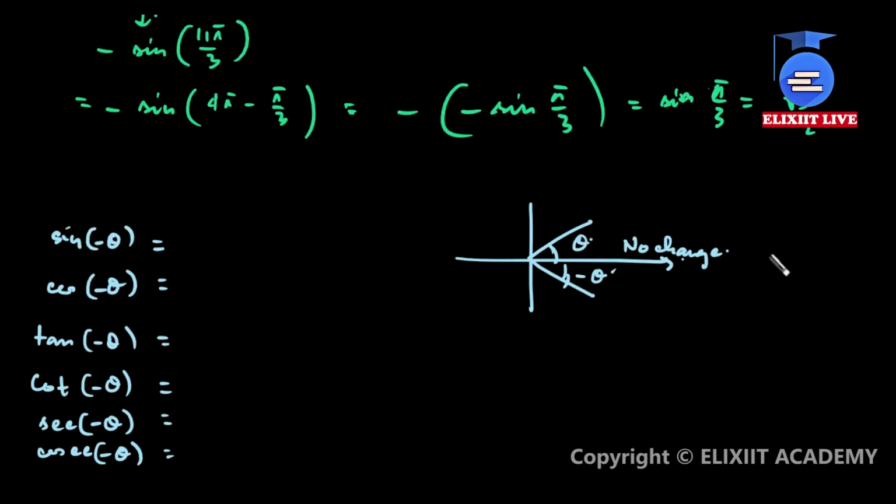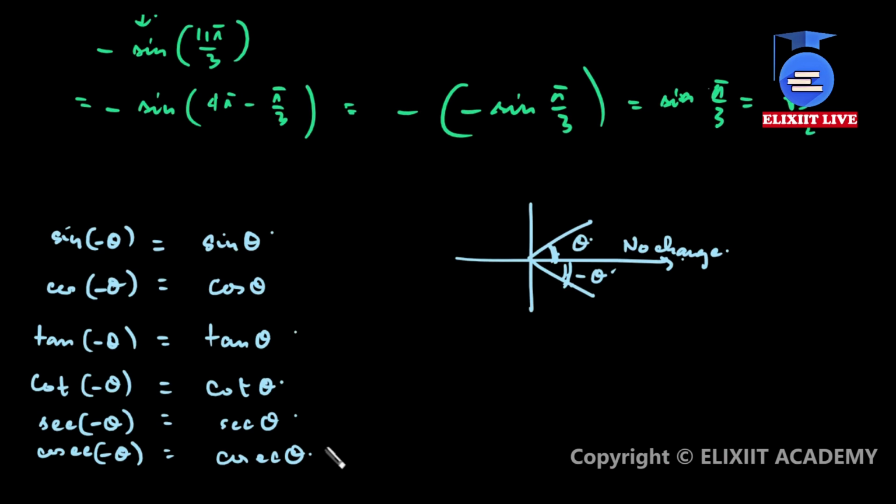First of all, on the no change axis there is no change. Sine theta will be sine theta, cos theta, tan theta, cot theta, sec theta, cosec theta. Now plus or minus, this we need to figure out on the no change axis.